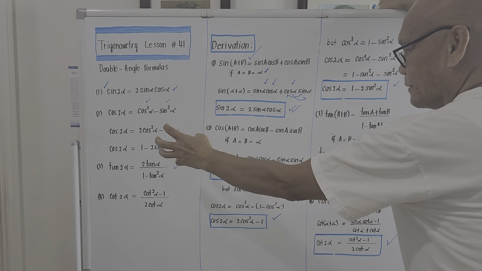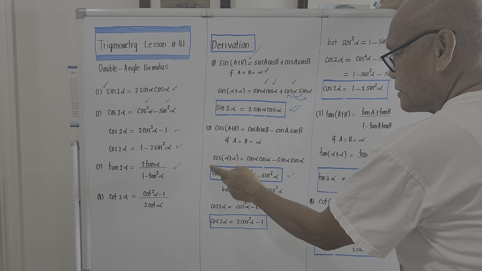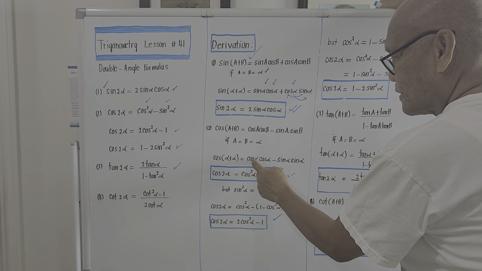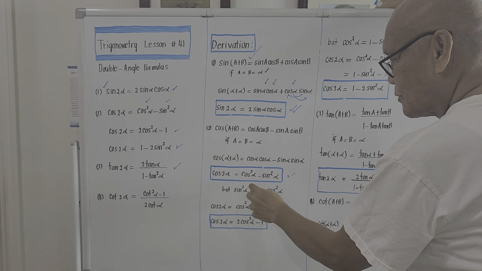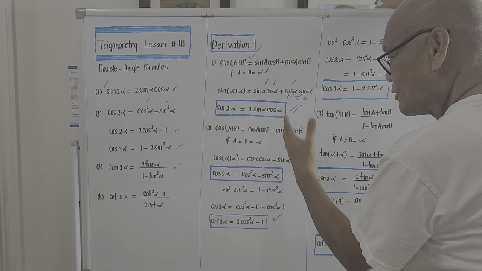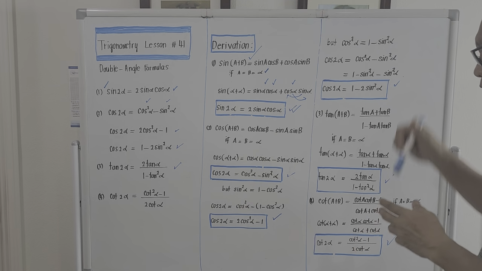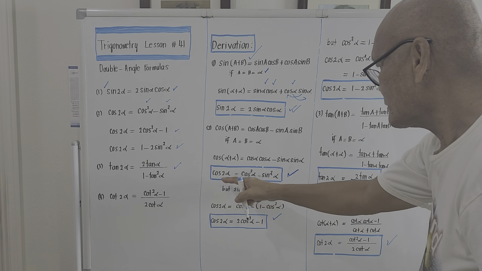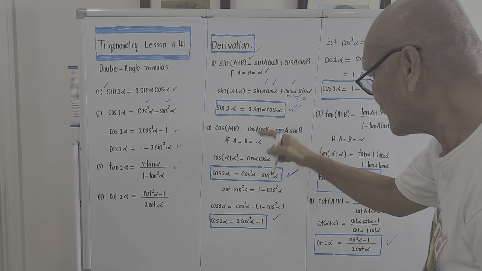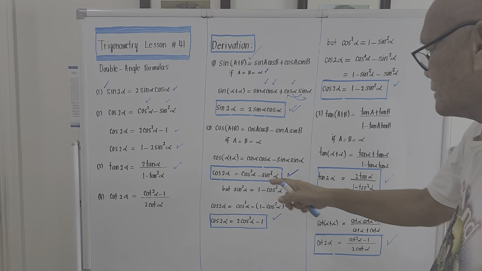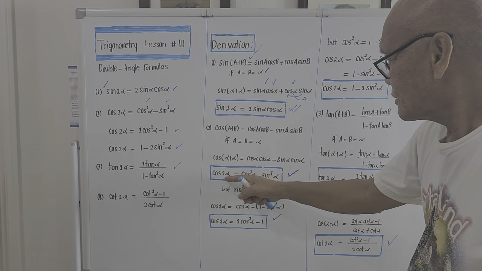The total angle on the left hand side is the one within the quantity, so alpha plus alpha is twice alpha. Cosine alpha times cosine alpha is cosine square of alpha, and sine alpha times sine alpha is sine square of alpha. So the second identity is cosine of twice alpha equals cosine square of alpha minus sine square of alpha. This is a single angle and this is a double angle.